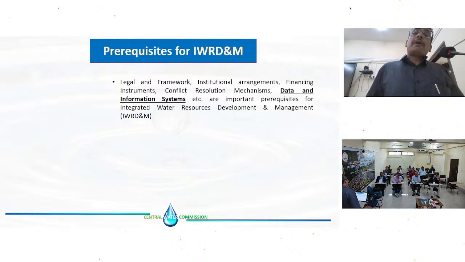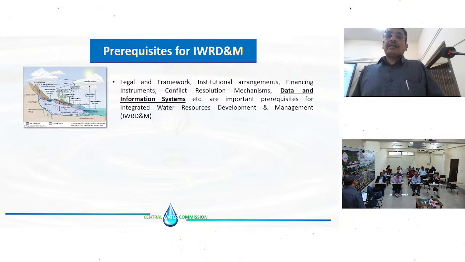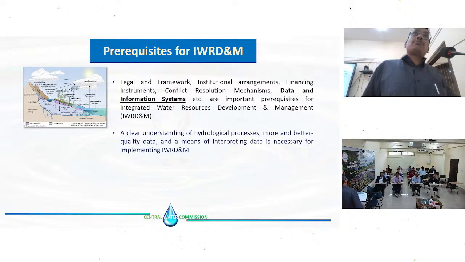But the most key part is the data and information systems. Unless you have the data, you cannot make informed decisions. And then you have to have a very clear understanding of the hydrological processes. The hydrological cycle, the water cycle, as you know, has many components: evapotranspiration, precipitation, etc. The traditional point measurements, whether of rain gauge or discharge sites, measure at points.